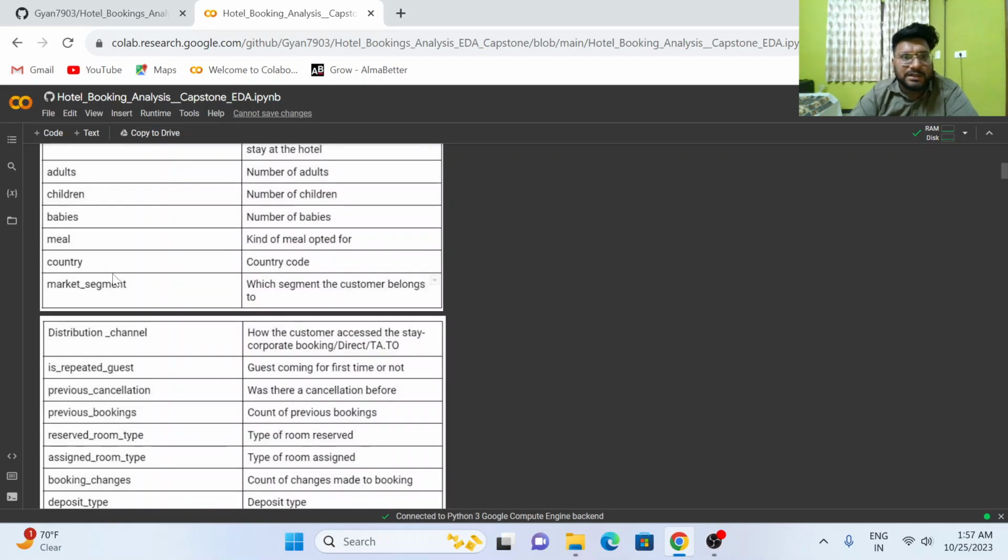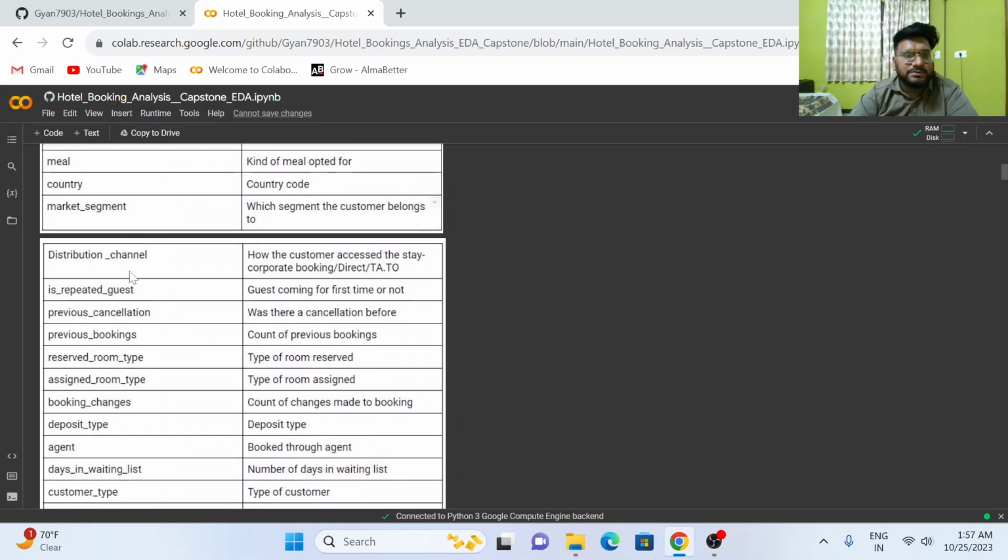Meal will be the meal they have opted for, and country will be the country code, and market segment will be which segment the customer actually belongs to. Distribution channel will be how the customer accessed the stay, whether using direct booking or corporate bookings.